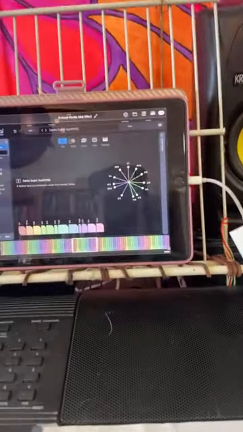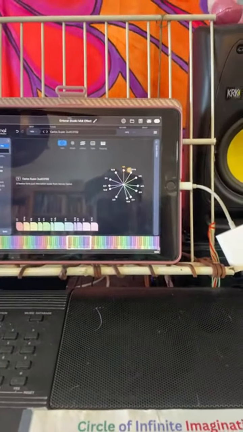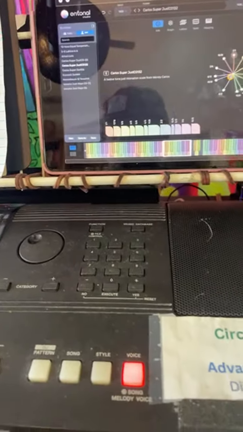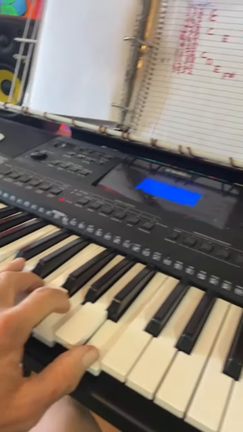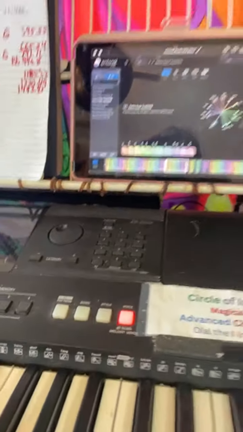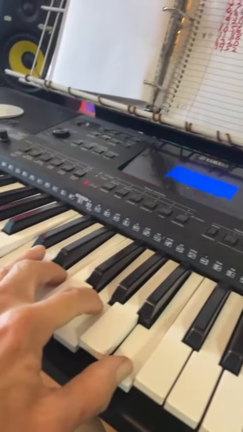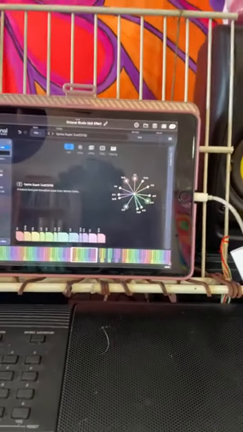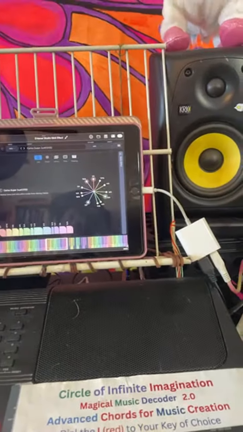And you'll notice now that these are no longer equidistant, right? Now I'm playing a C major chord, right? Since this is based on C major, it sounds awesome, right?